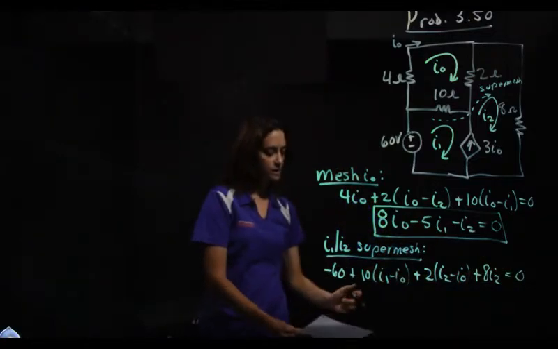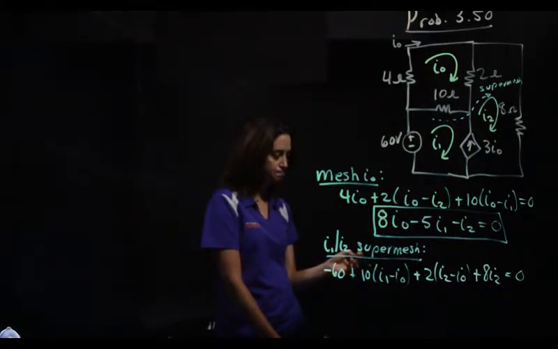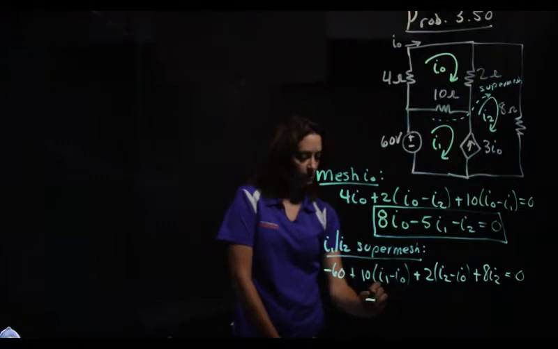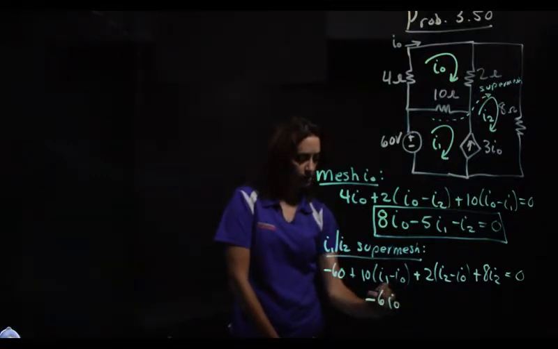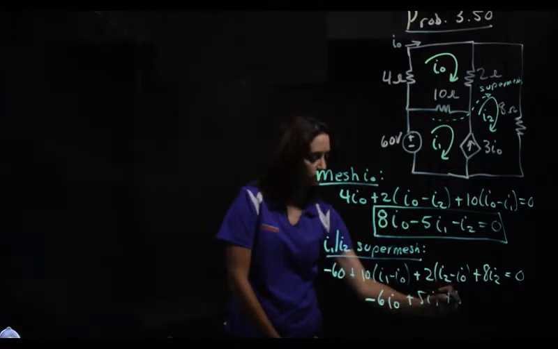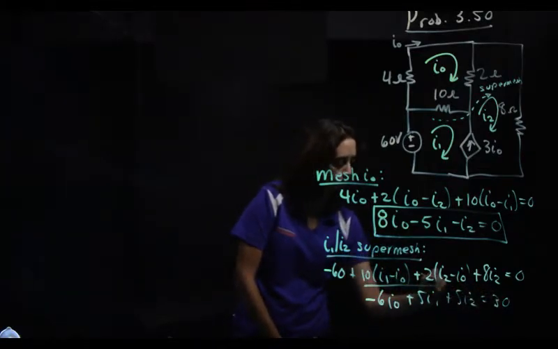Combine like terms, and we can divide through by 2, and we get minus 6 I0 plus 5 I1 plus 5 I2 equals 30.